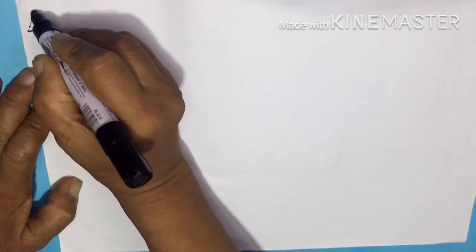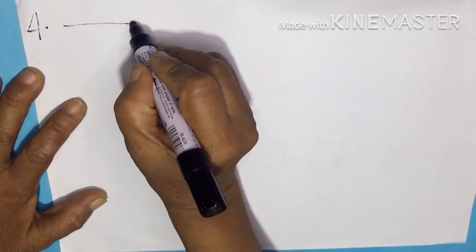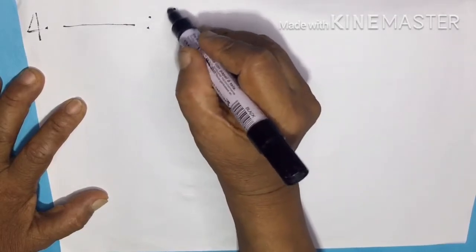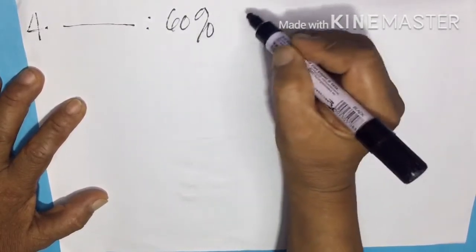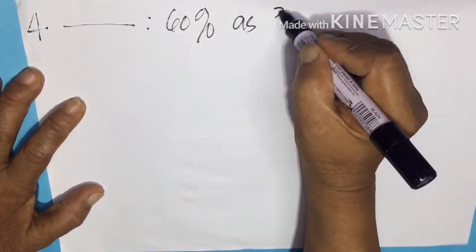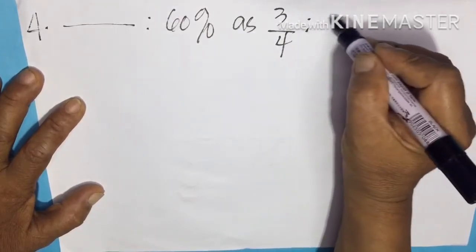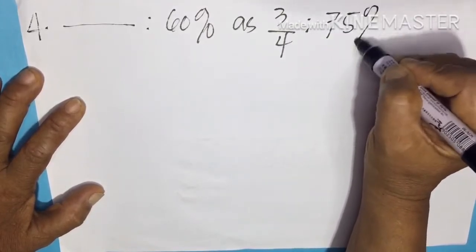Next is number 4. Blank is to 60% as 3/4 is to 75%.